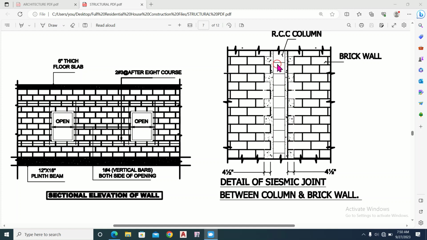And these are the stirrups that have been used in the columns, and these vertical lines indicate the main reinforcement of the column. So this was about the detail of seismic joint between the column and brick wall.